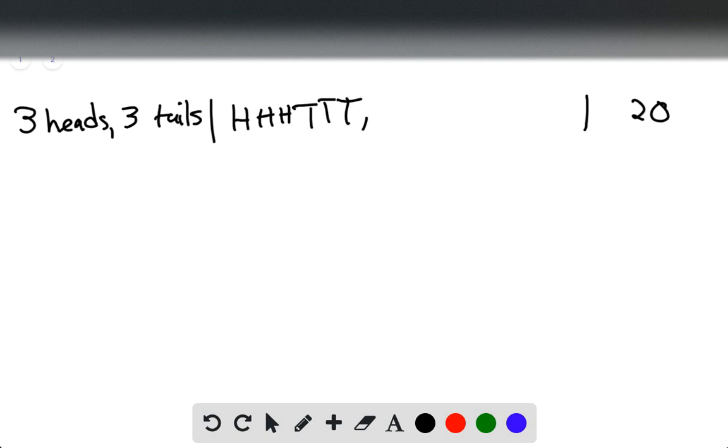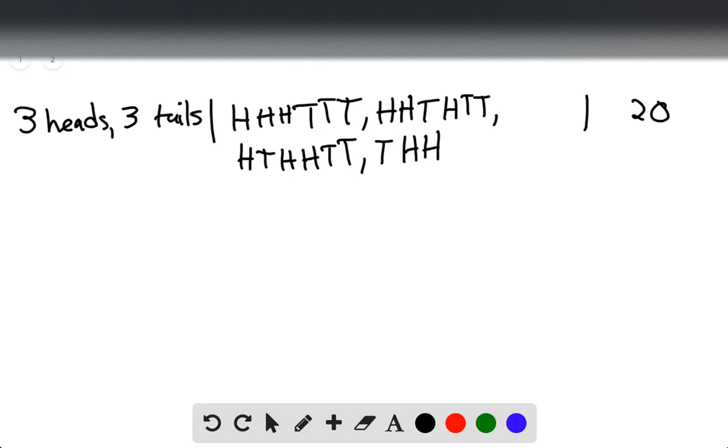We can get heads, heads, tails, heads, tails, tails. We can do heads, tails, heads, heads, tails, tails, tails, heads, heads, heads, tails, tails, and so on. Again, you have to just write them all out.